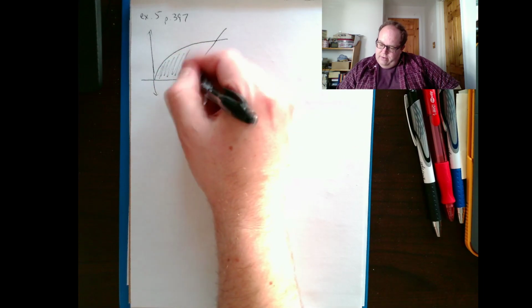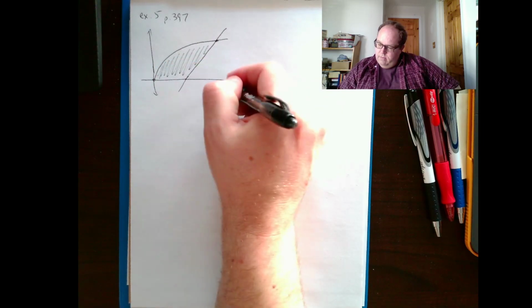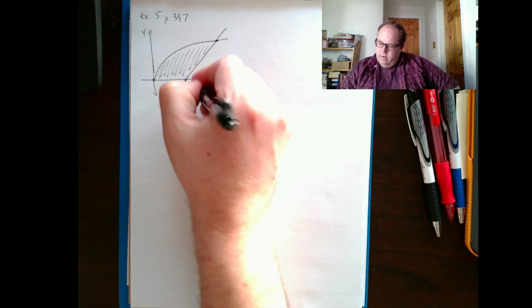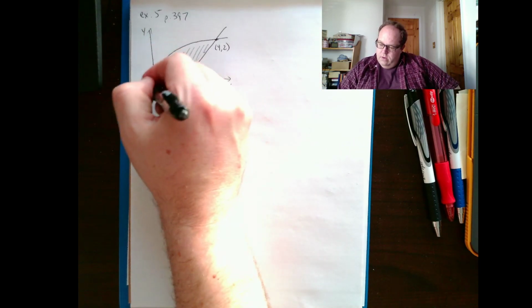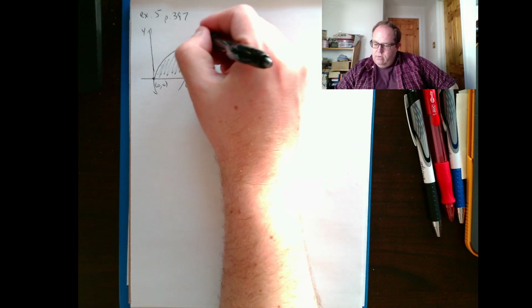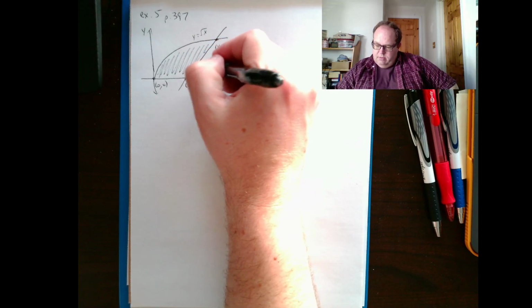This is the area I'm interested in. And my two lines are y equals root x and y equals x minus 2.